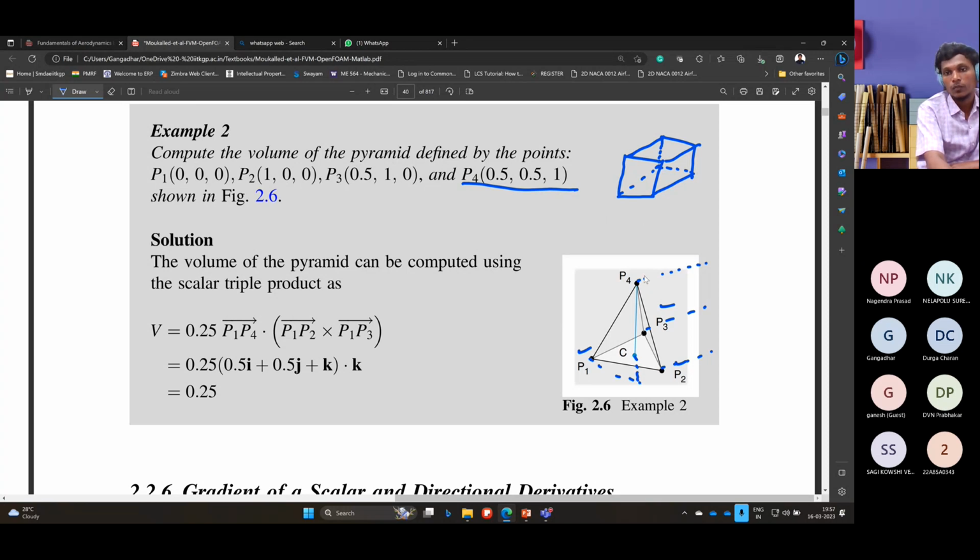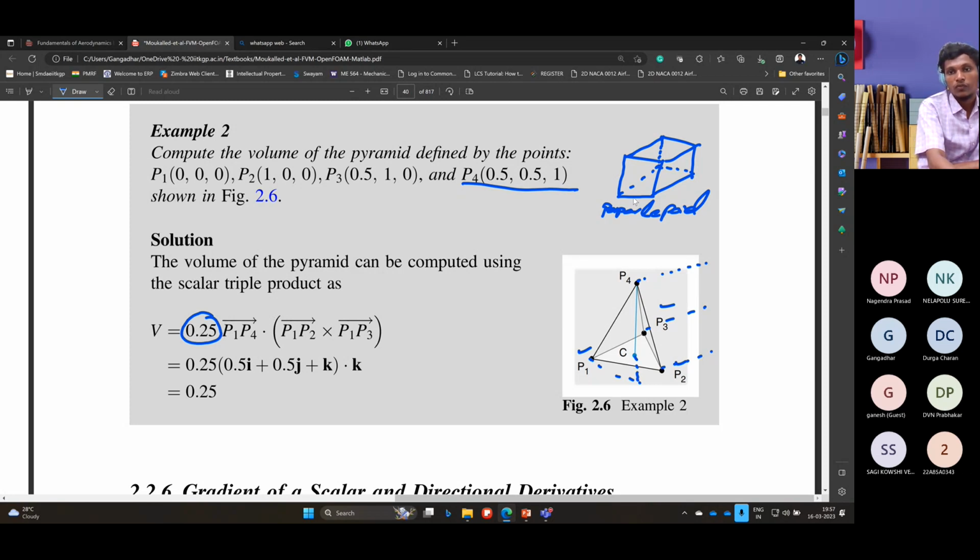If you cut a triangular pyramid, as you're seeing in figure 2.6, from this parallelepiped, you will get a factor of 0.25. That means the volume of this pyramid is 0.25 times the volume of the parallelepiped. So that's why we are getting 0.25.